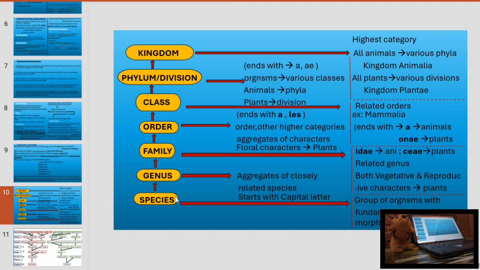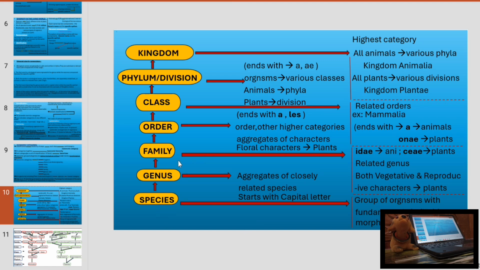So, first of all, let us talk about species. Species is a group of organisms with fundamental similarities, morphological differences, and these are the key points. Next is the genus. Genus is said to be the aggregate of closely related species and starts with a capital letter, whereas species starts with a small letter.